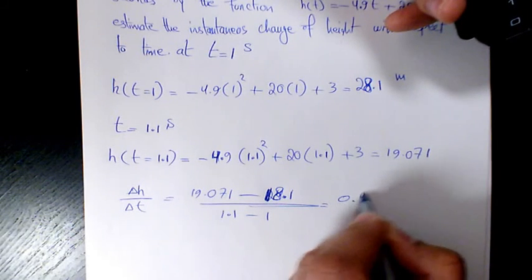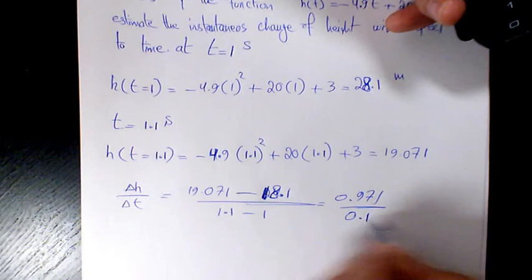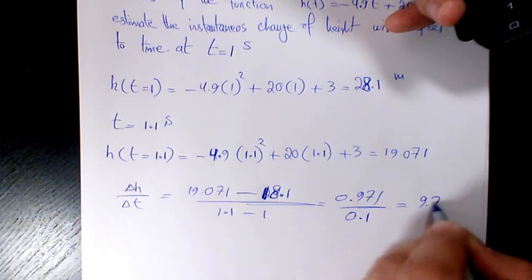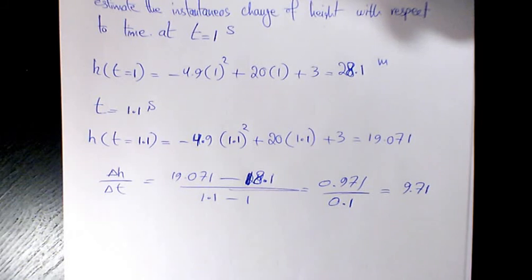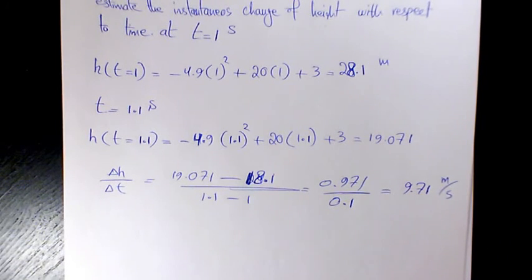So 0.971 divided by 1.1 minus 1, which is 0.1. When you divide it, it's going to be 9.71. It means meters per second, kind of like speed, it's going to be 9.71 meters per second.